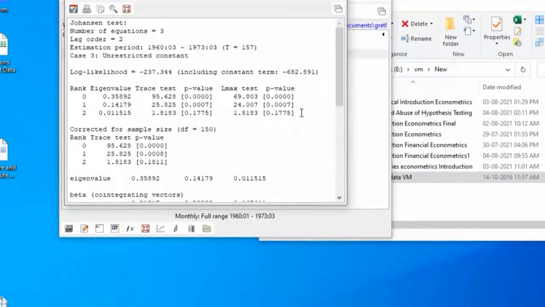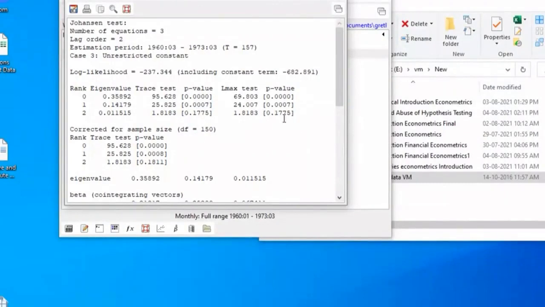Then what does it mean? It means that we have met some problems either with our unit root test or with the co-integration test.